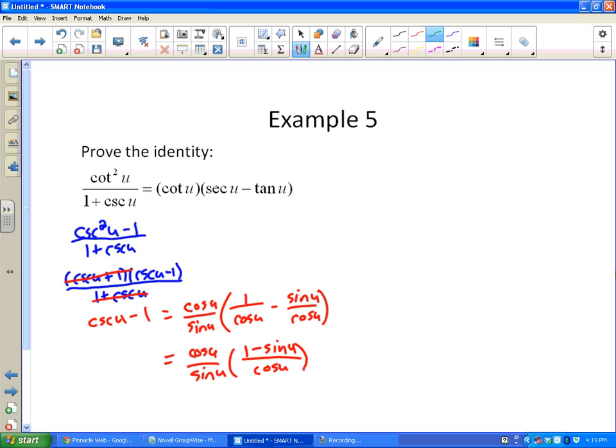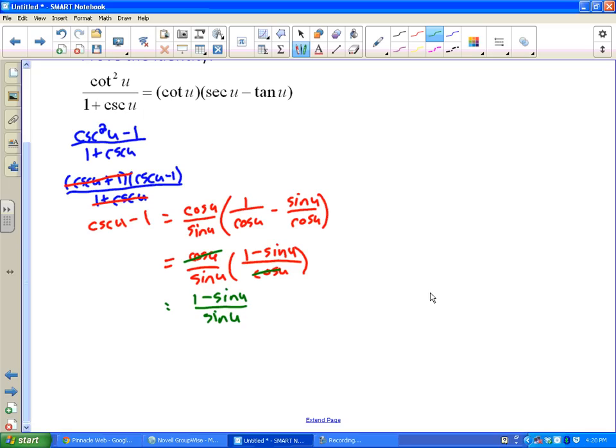Then hopefully we all see that cosine u cancels. So that's 1 minus sine u over sine u. This is the point where it's a little bit tricky to realize your next step, because we just aren't used to doing this.